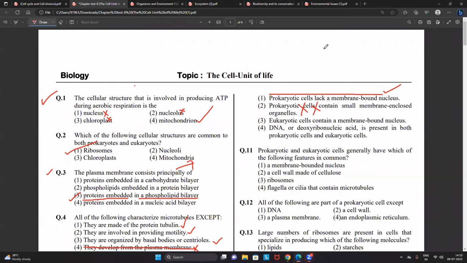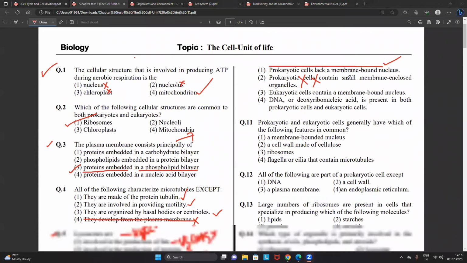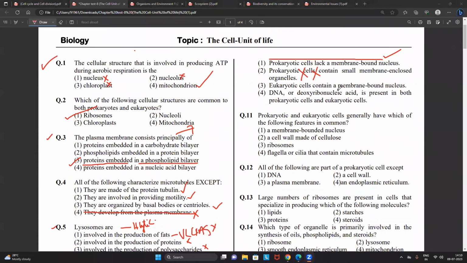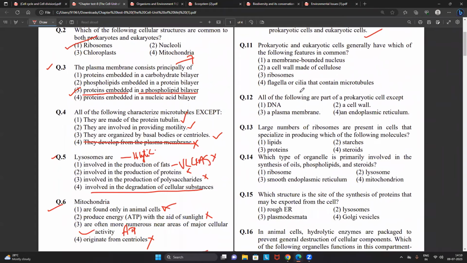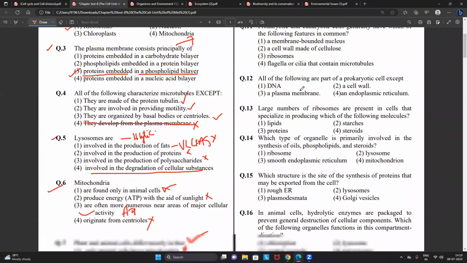We all know that, friends, prokaryotes do not contain any kind of membrane-bound enclosed organelles. Option 3, eukaryotic cells contain a membrane-bound nucleus, of course a right statement. DNA is present in both prokaryotes and eukaryotes, that is also right. Only option 2 is wrong. Okay, this question we have already answered, there is no point of answering this again and again.